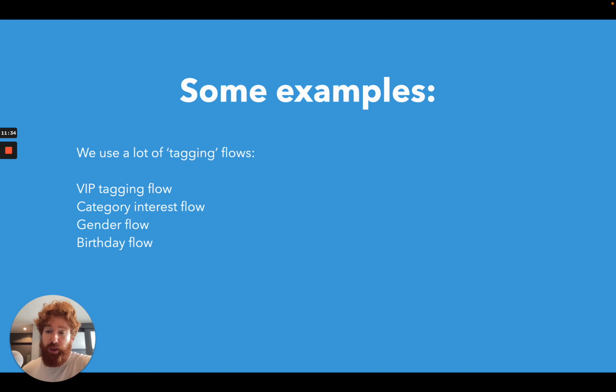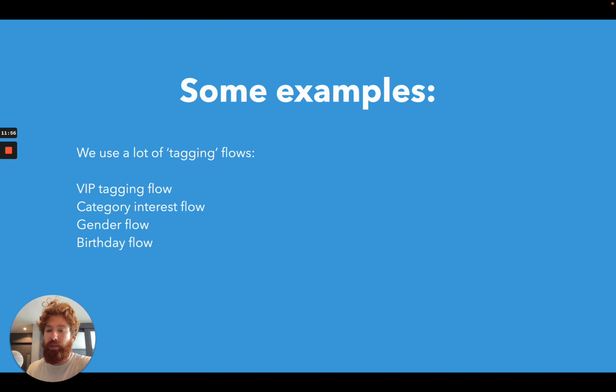Gender flow is also one to try. So maybe you have a fashion store and you have men and women products. Again, if someone clicks on a men's button in an email to check out the men's, you could add them to this flow, and you could send them men-related products, or vice versa, women-related emails.